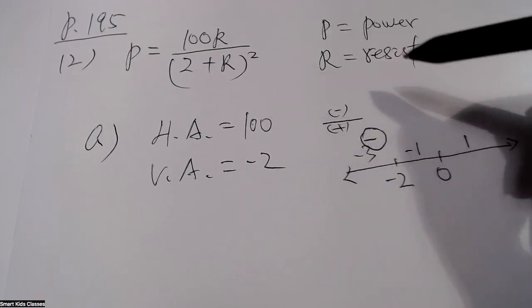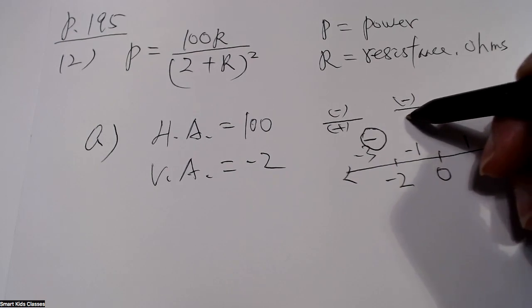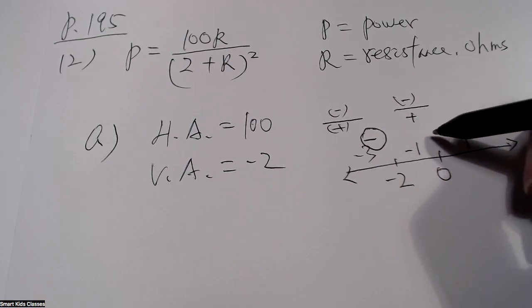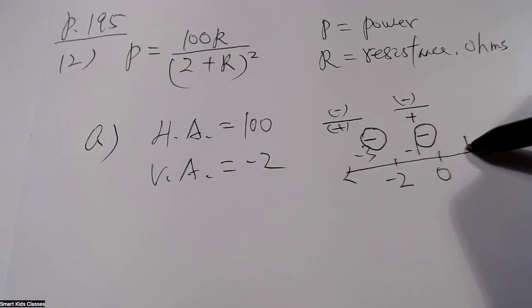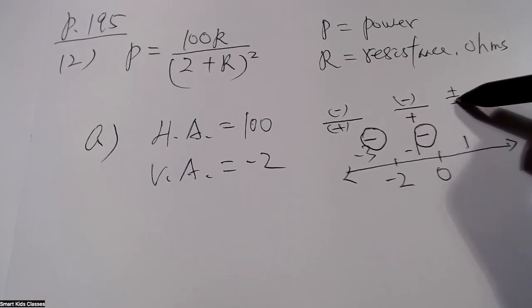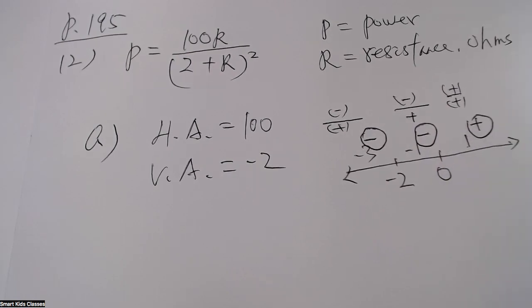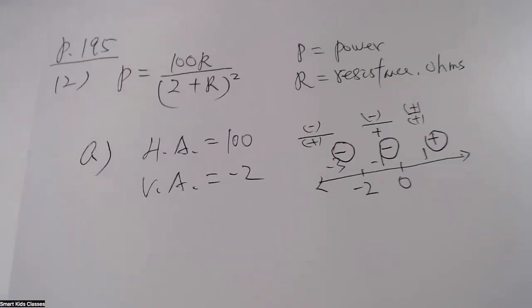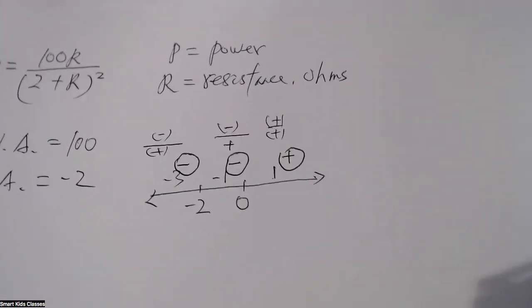How about -1? We get negative divided by positive, so we still get negative here. How about positive 1? Then we get positive divided by positive, so we get positive here. From the test center side, we're going to plot the graph.